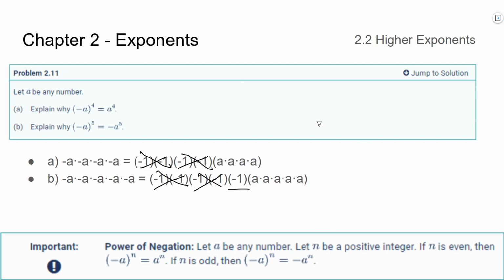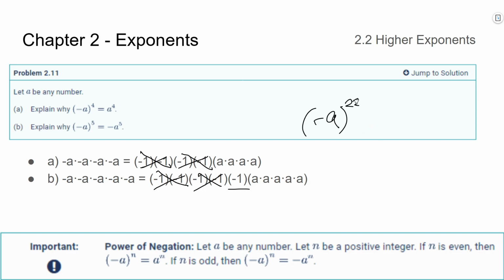Hopefully that's clear. So if we have something like negative a to the, we already know squared is going to give us positive, because negative times negative is positive. But what if we have negative a to the 22nd? That's going to give us a positive.